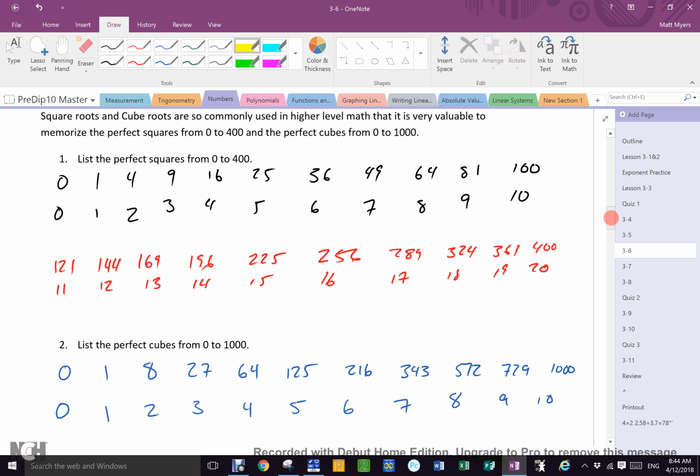We usually talk about perfect squares working out perfectly. But there are other numbers that have square roots. For example, the square root of 3 is a square root, but it's irrational, isn't it?